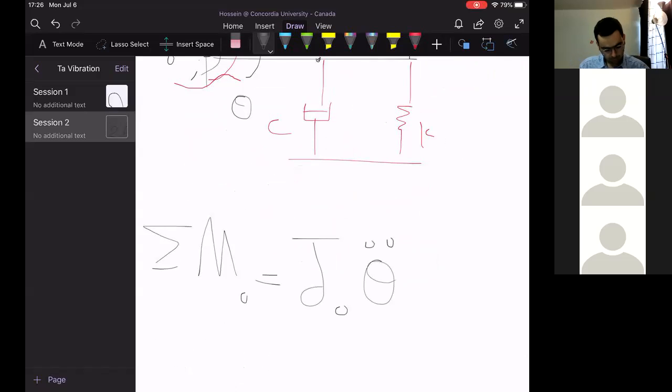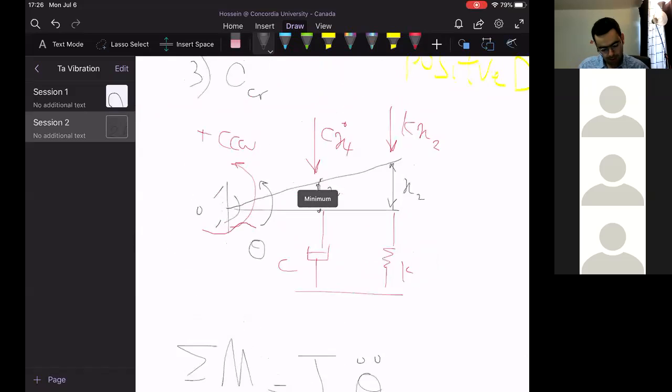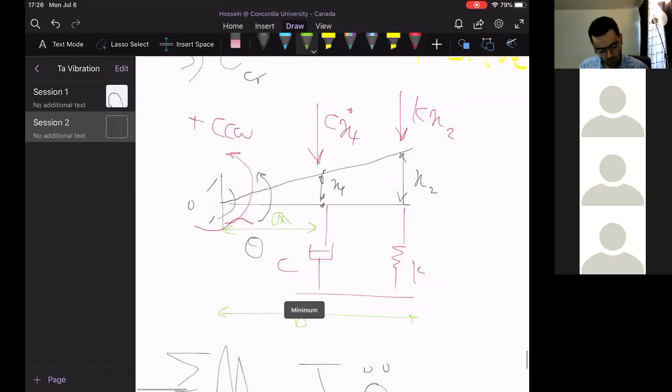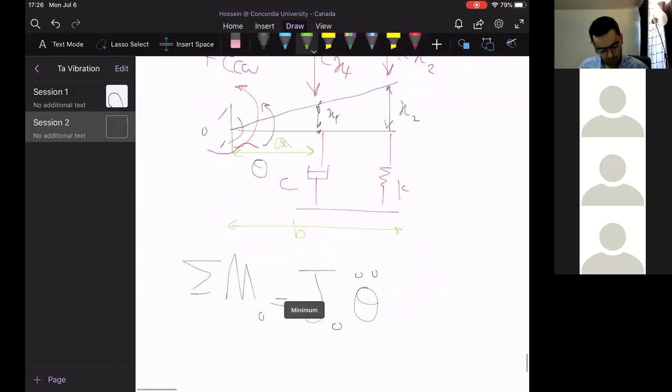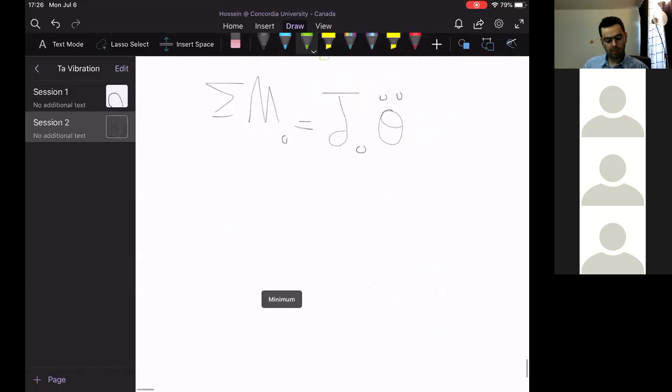So what are the summations of moments? This damping force multiplied by this arm will create a moment, and the spring force multiplied by arm b will create a clockwise moment, right? So both damping and spring will create a clockwise moment.